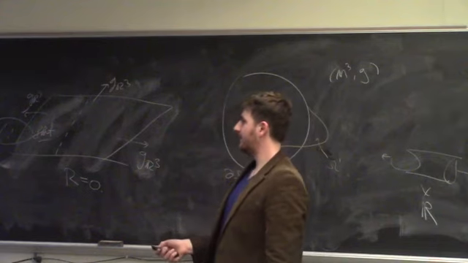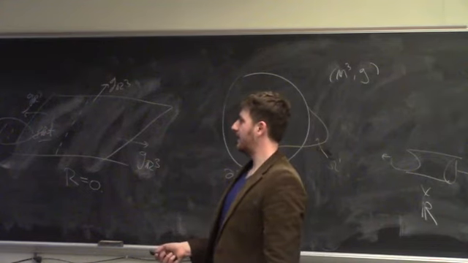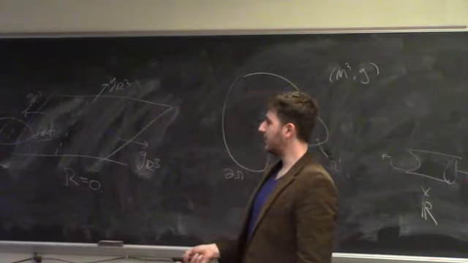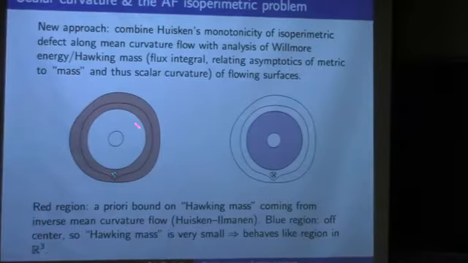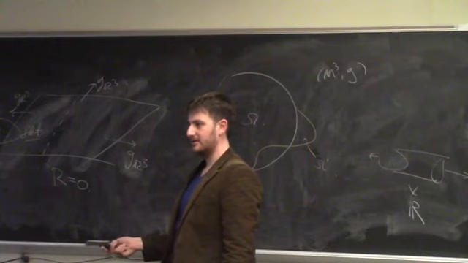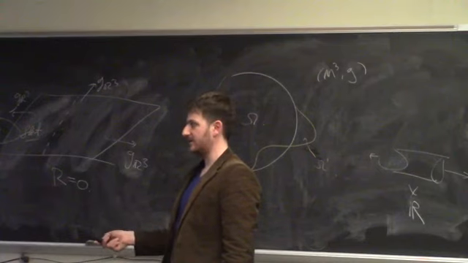Sorry, wrong way. I lost it. Where's my picture? Oh, here. There's also a technical point: in higher dimensions, you wouldn't want to use mean curvature flow. You'd want to use a flow by a power. There's a paper by Felix Schulze that suggests the right flow here.